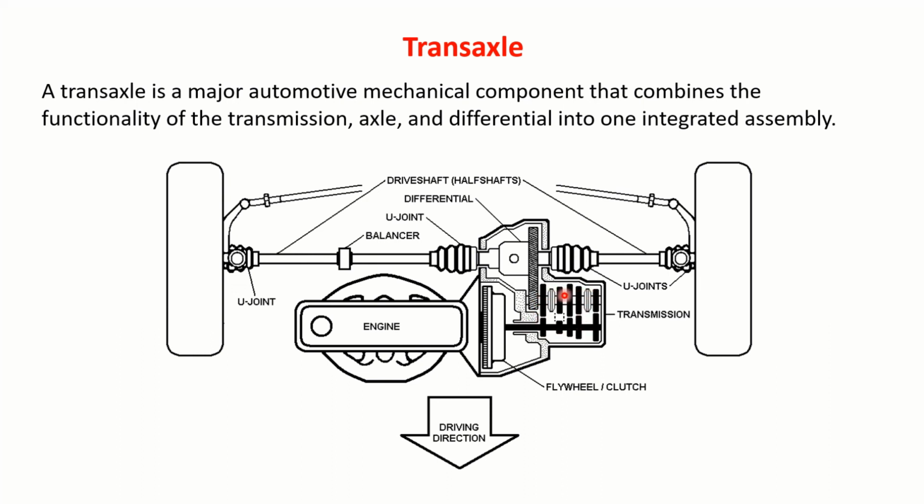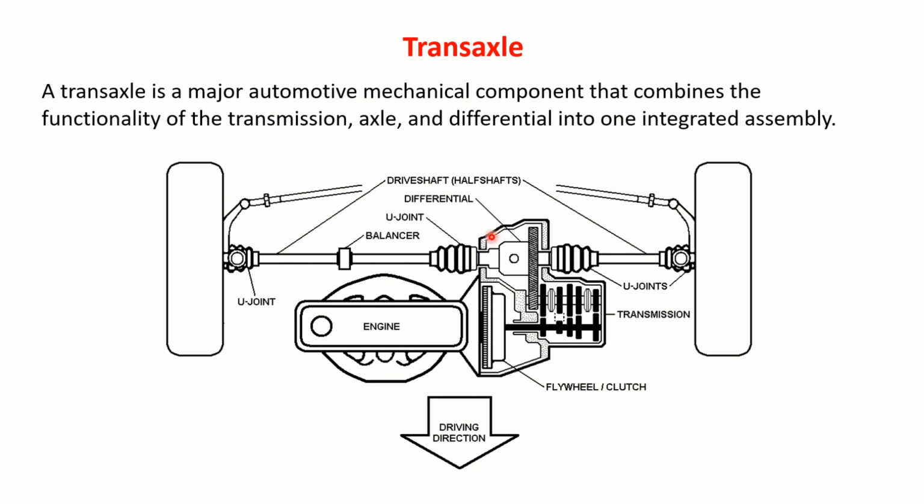We do not have any propeller shaft or anything like that. Then you can see this is the differential part of it. This is the front axles. So the flywheel, the clutch, the transmission and the differential put together, we call this a transaxle.